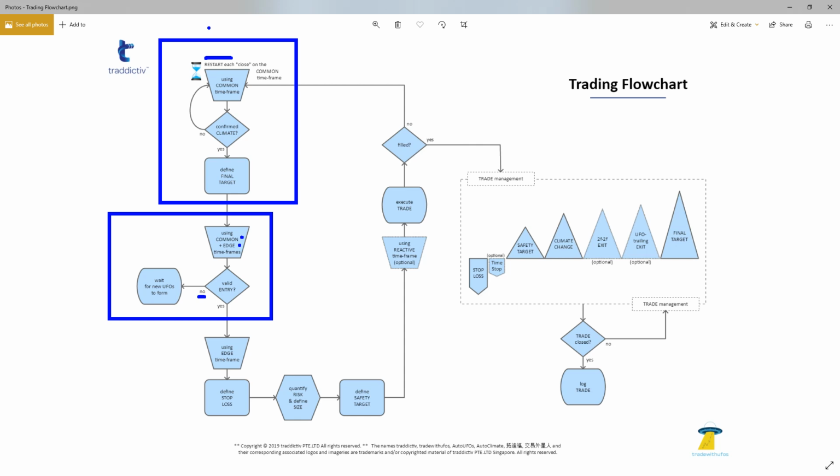Okay, good. So no change in the middle part, as well as no change in the bottom part. When setting the stop, we are looking at the extreme location of our UFOs, and we set the stop in the white space on the chart using the edge time frame. So no change.